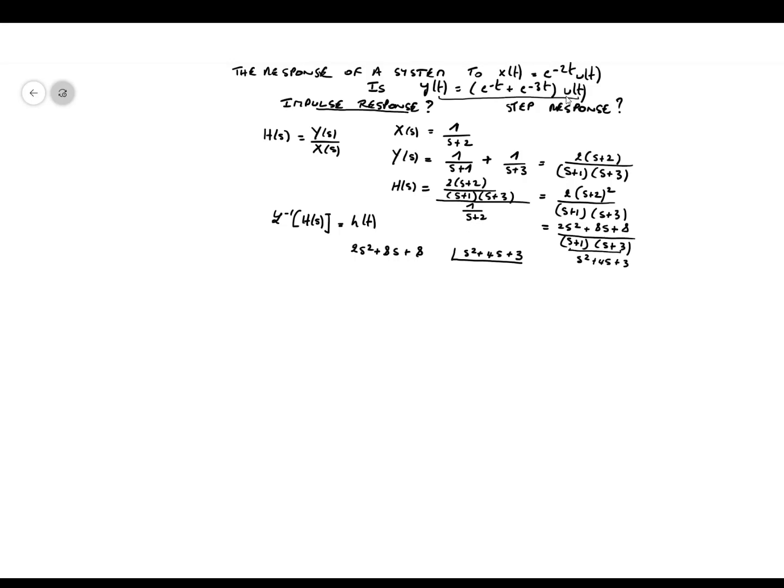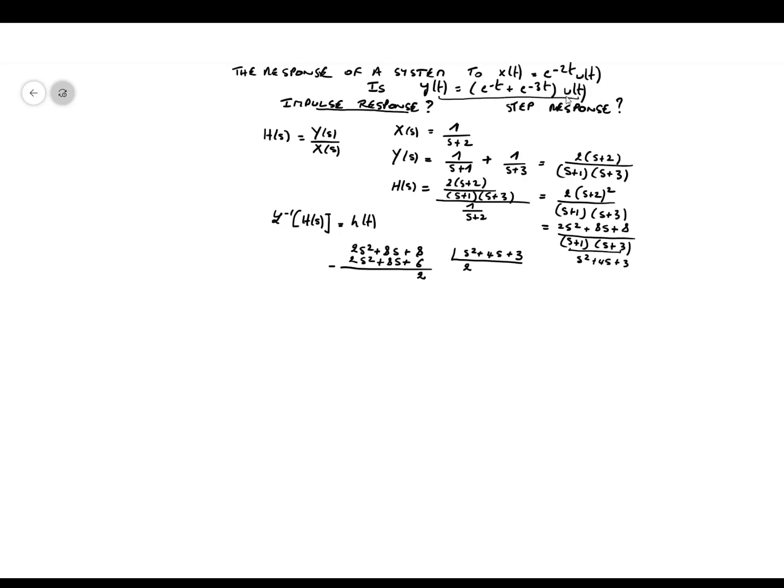So it will enter 2 times in this one, so we have 2s squared plus 8s plus 6, so we subtract and we end up with a 2 over here.